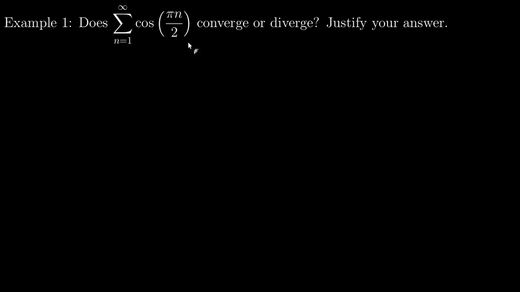An example: does this converge or diverge? Here's the way to deal with this type of problem. I have this sigma notation, which means I'm putting in 1, then 2, then 3, then 4, all the way up to infinity. It'll be helpful to actually see what this series looks like. When I put in 1, I get the cosine of pi over 2, which is 0.